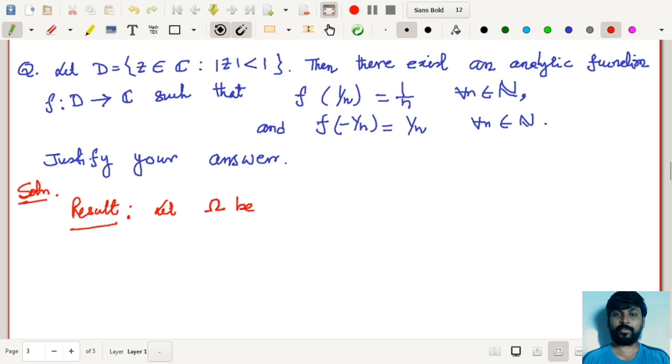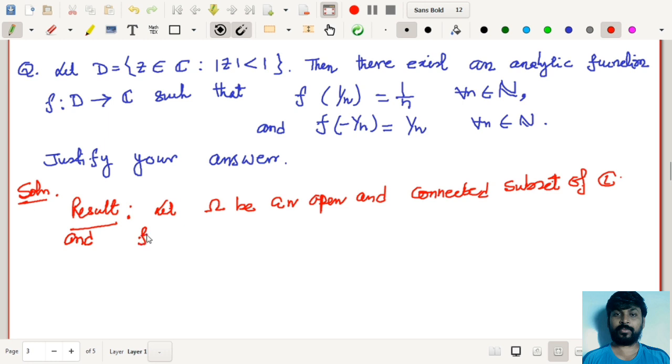Let omega be an open and connected subset of C, and f be an analytic function defined on omega.